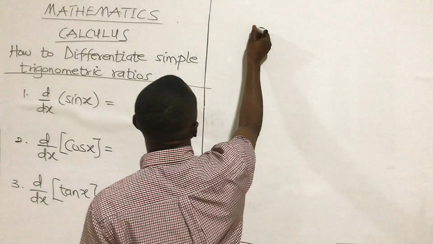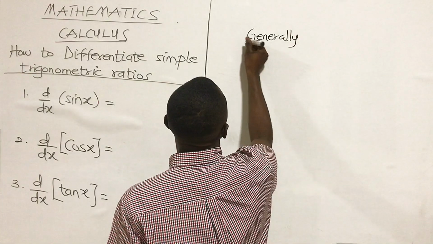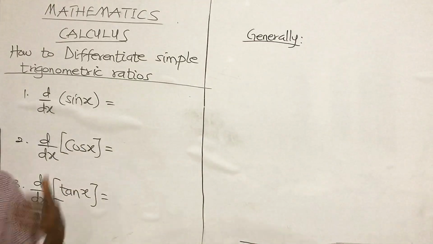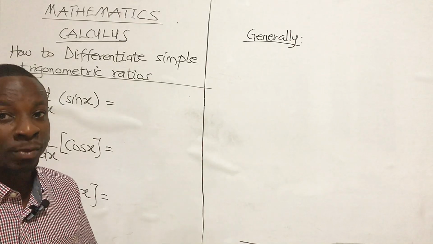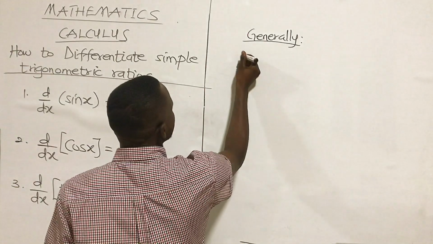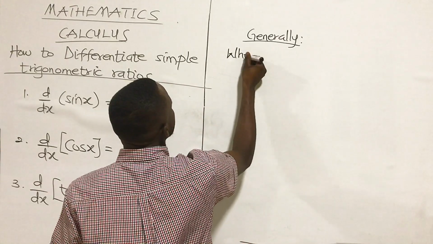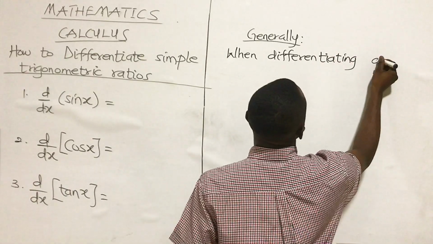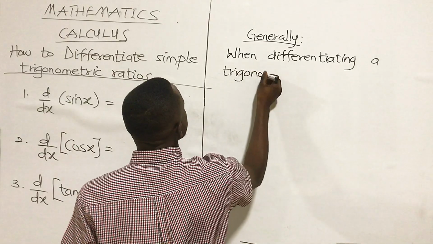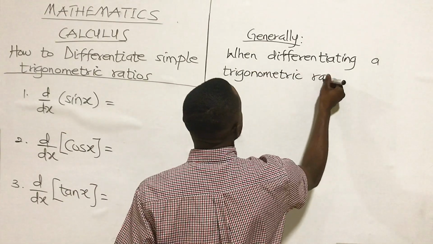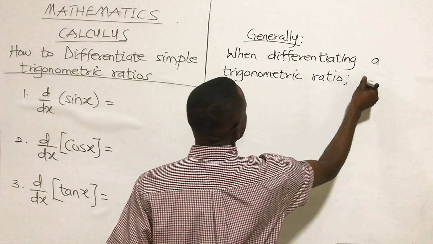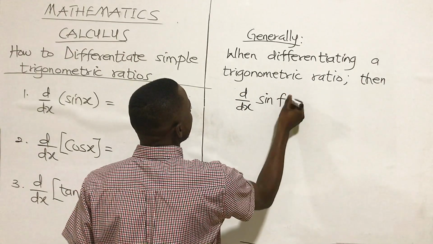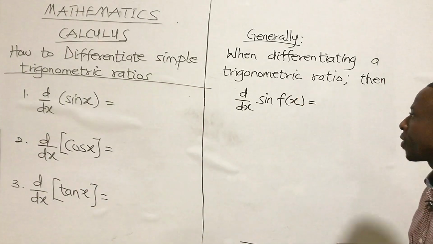Generally, anytime you are differentiating a function containing a trigonometric ratio, for d dx of sine f of x, this is how we are going to do it.